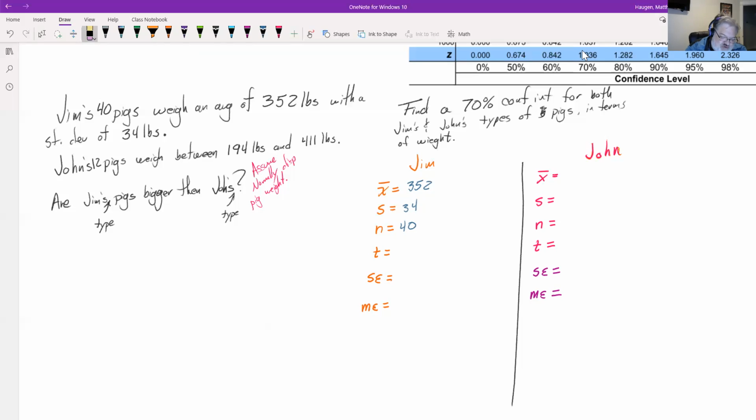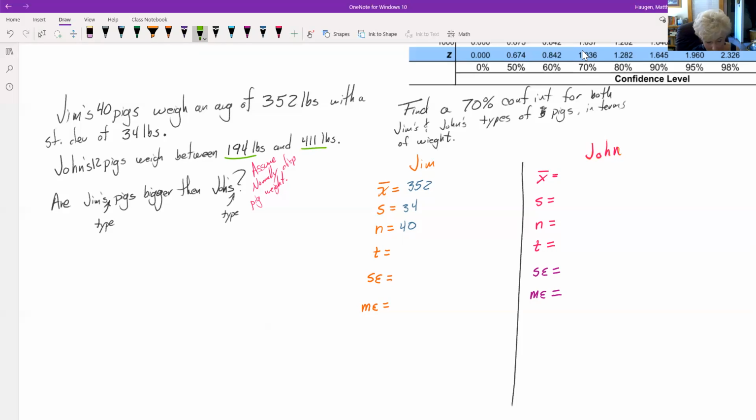If his pigs are between 194 and 410, what could we use as a mean if we were trying to be gross about it? Can we just add them together and divide by 2? That's a big assumption, right? Yeah, but based on the information we have, it's all we got.